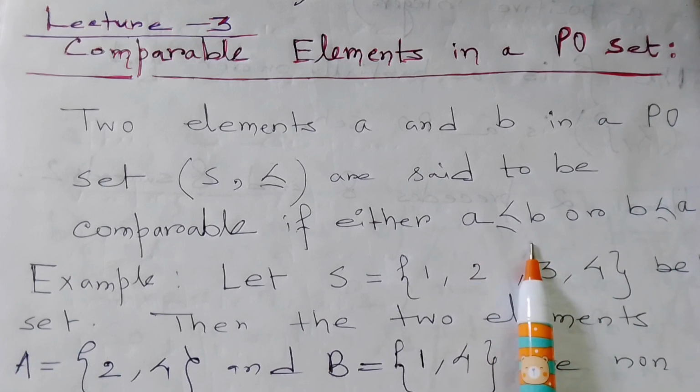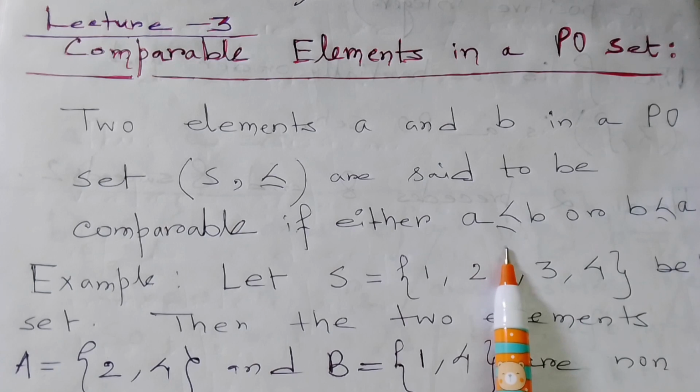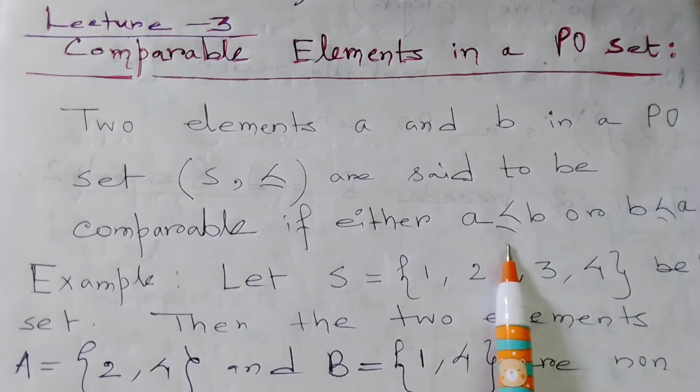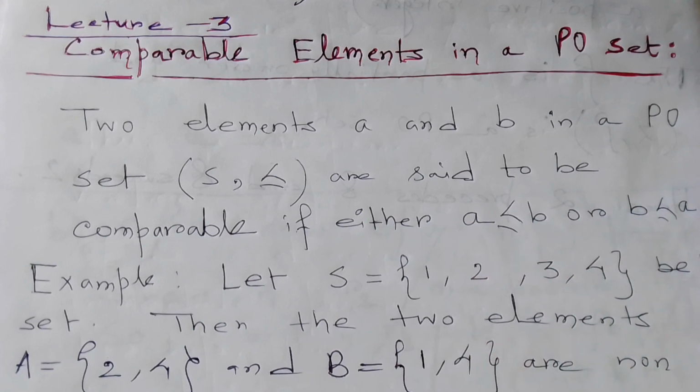These two signs are very near, so that is why for a poset the ≤ sign is also used. So come to the example.